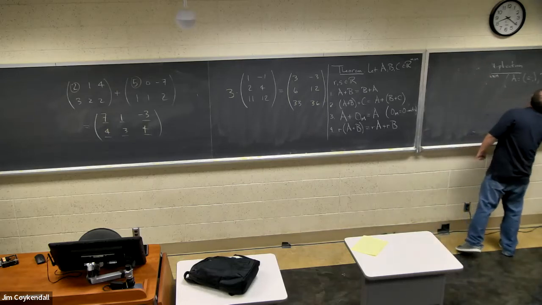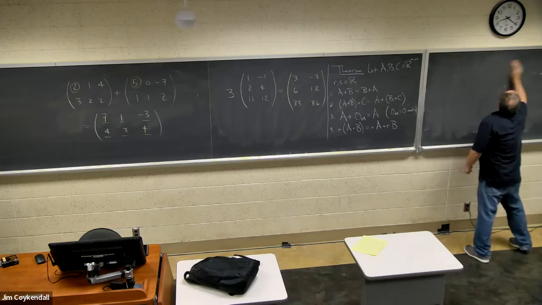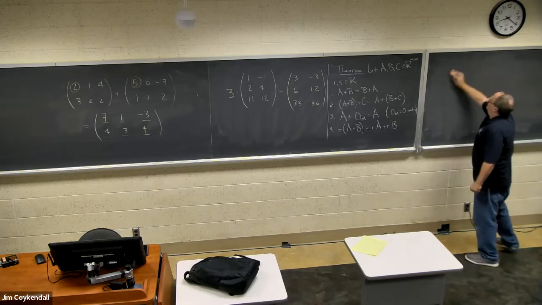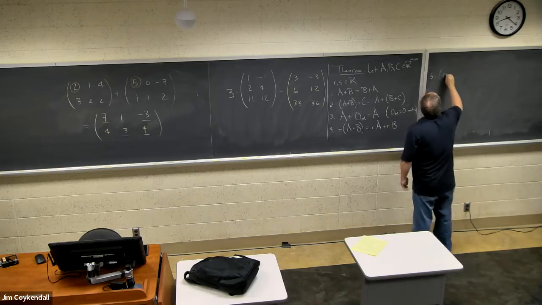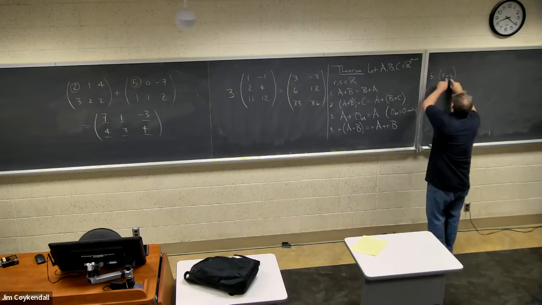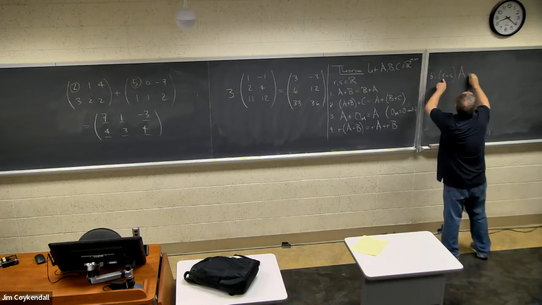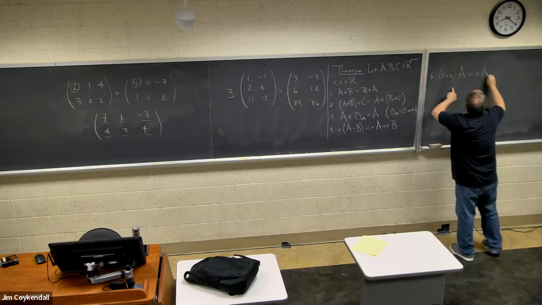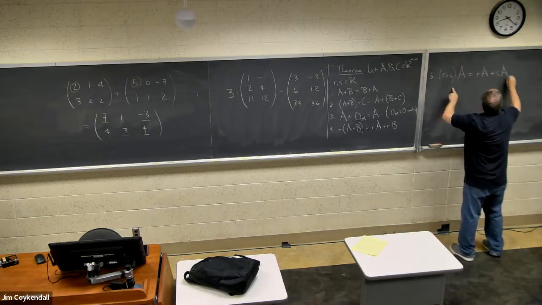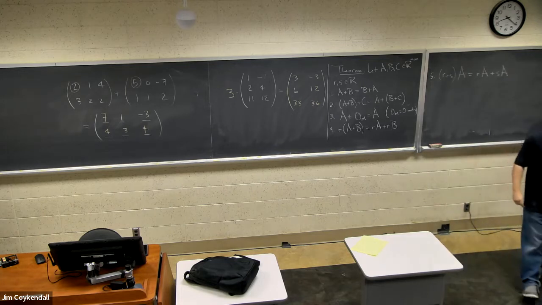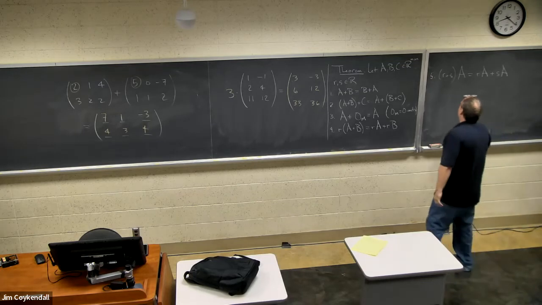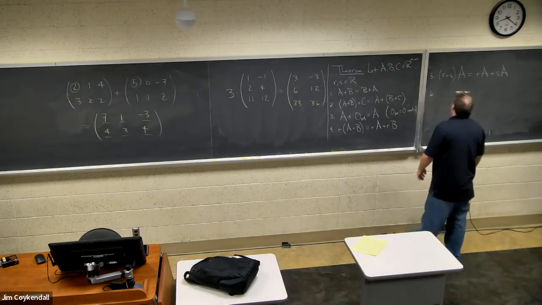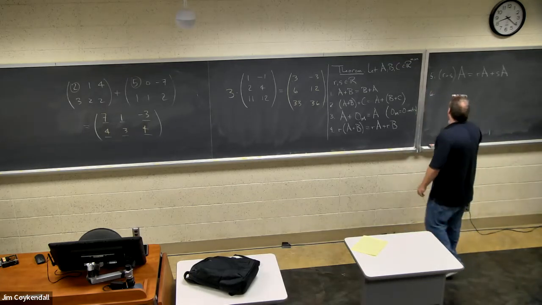You also get distribution of the scalars. What I mean by that is if I have R plus S, just these two numbers added up, times the matrix A, this is RA plus SA. I'd certainly want that to happen, and it does. And finally, you get associativity with respect to multiplication.